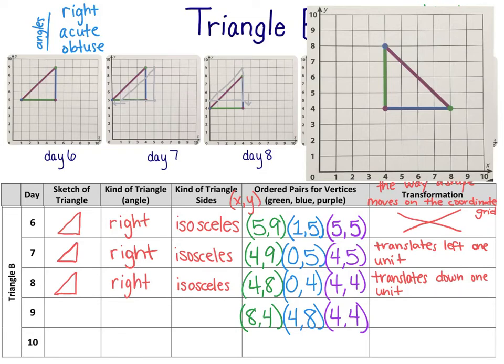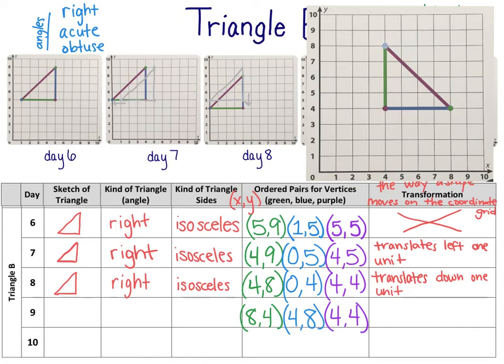Great. Now let's plot the points for day 8 and see how the triangle has transformed. So I'm going to start with 4, 8. We have 4, and we go up to 8. So this is the point where the green point was last time.